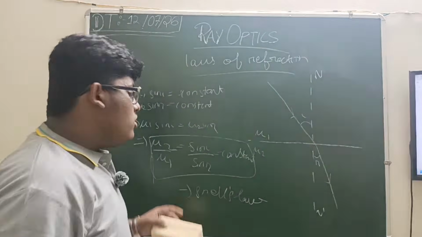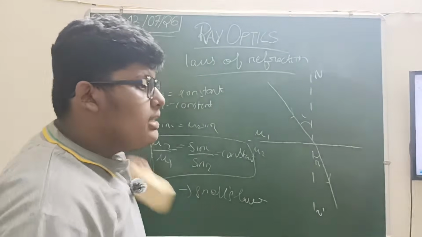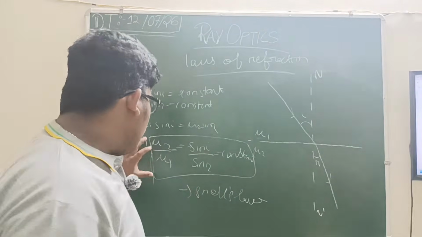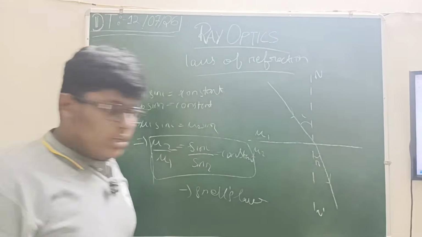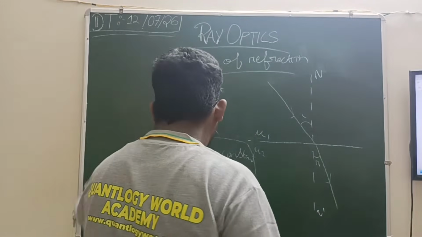Second law of refraction is also called Snell's law. What this says, the product of refractive index and the sine of angle of incidence or angle of refraction is constant, and the formula for it is mu 2 by mu 1 equal to sin I by sin R equal to constant. So these are the two laws of refraction.